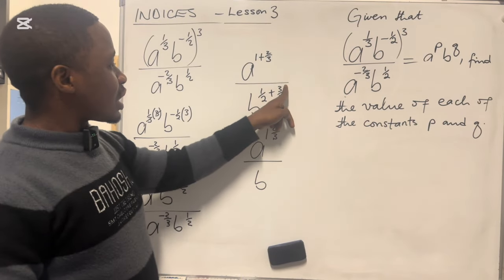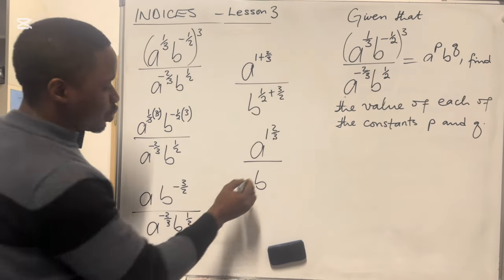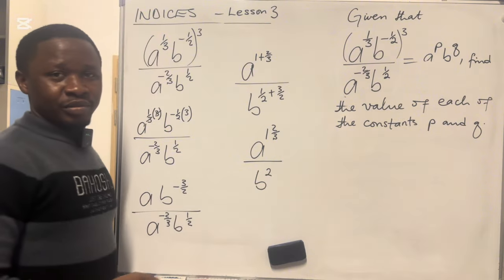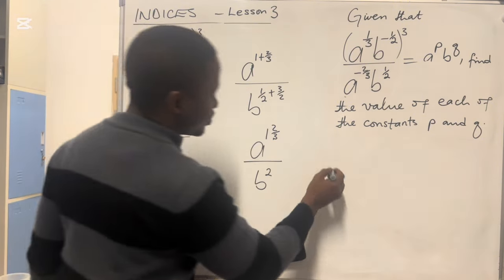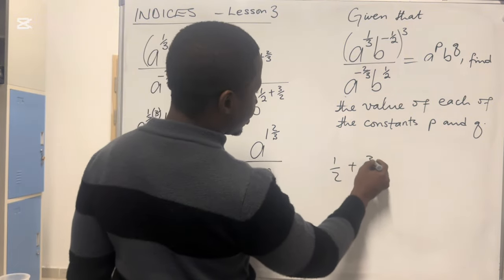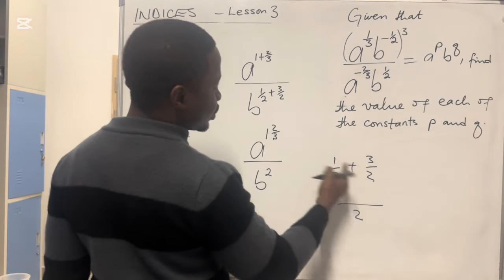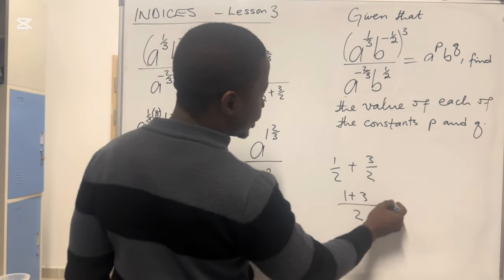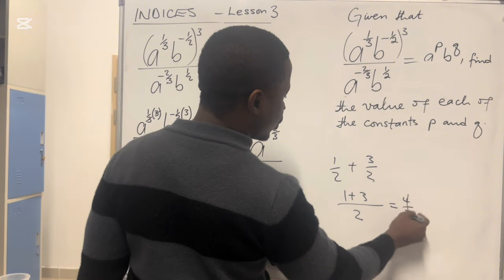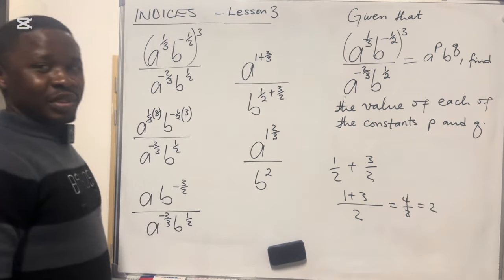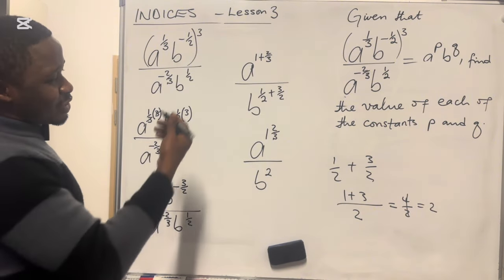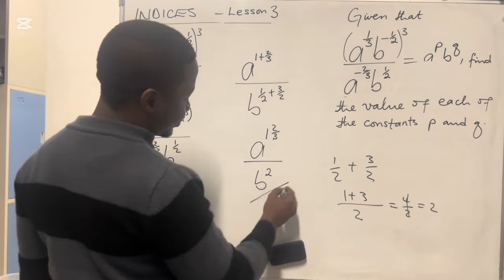So 1 plus 3 is 4. 4 divided by 2 is 2. The denominators are the same. 1 over 2, 3 over 2. We take 1. So we say 1 plus 3, which is 4, divided by 2, which is 2. Clear? Okay. So this is what we have.